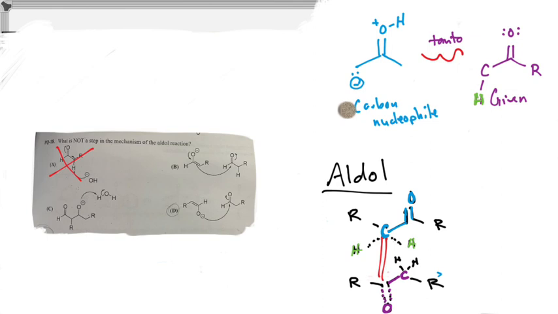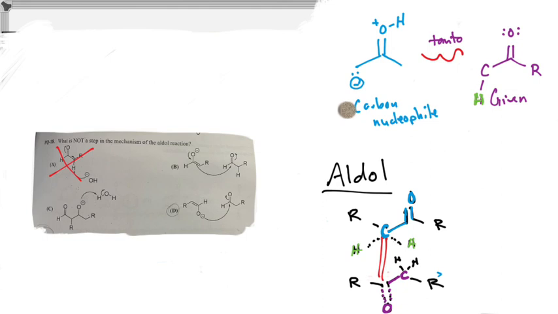Right? We could move to B. What's happening in B? Carbon nucleophile attacking a positive. You mean a negative carbon attacking our positive carbon? Is it the negative carbon we wanted? Yeah. Is it the positive carbon we wanted? Yeah, well, it's in the middle.